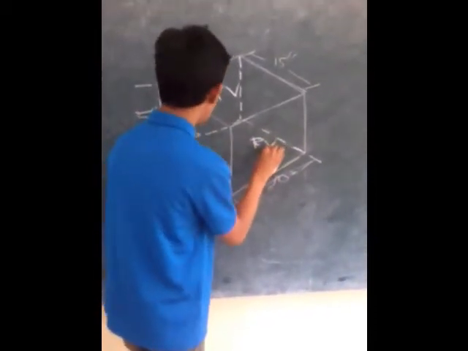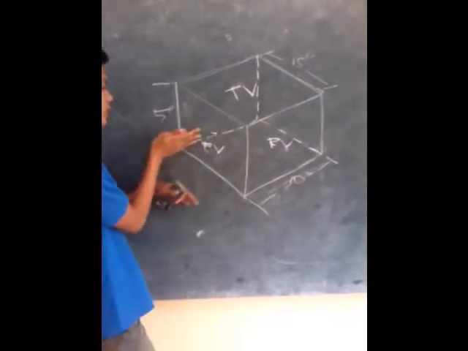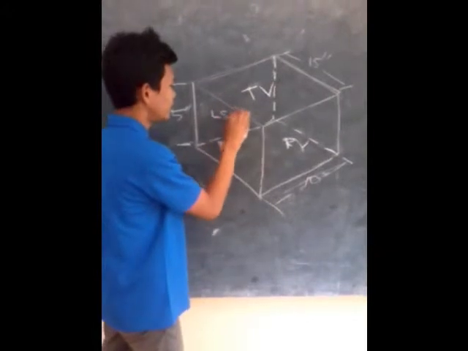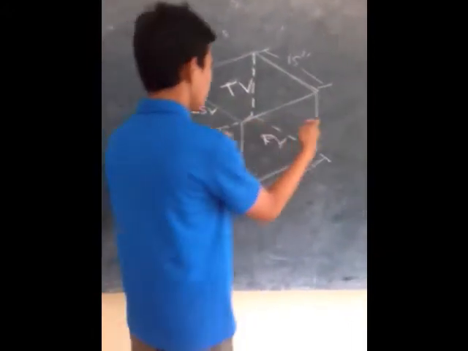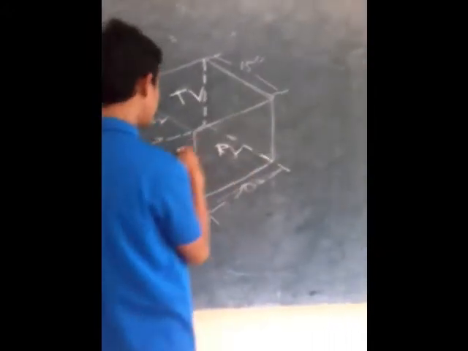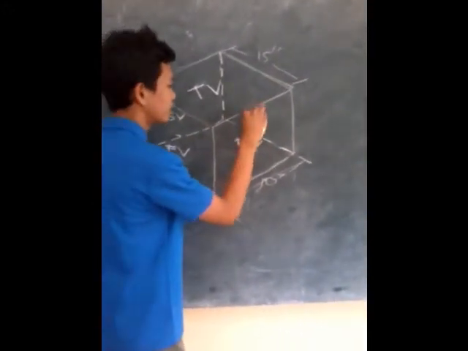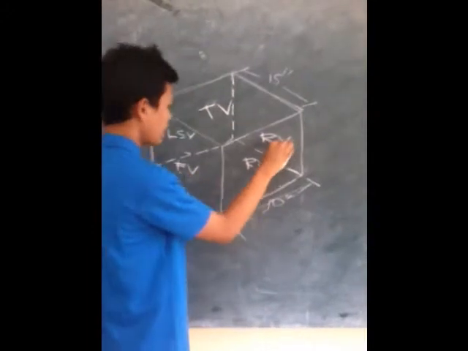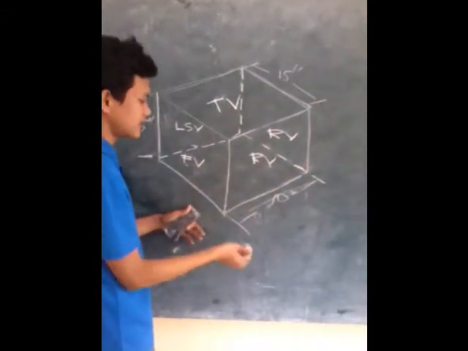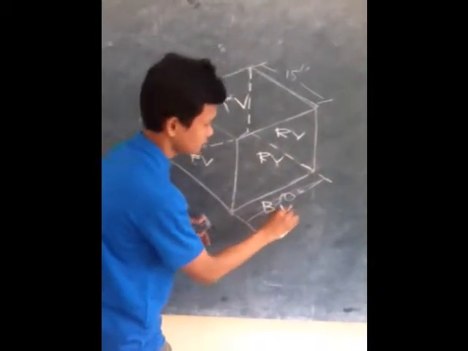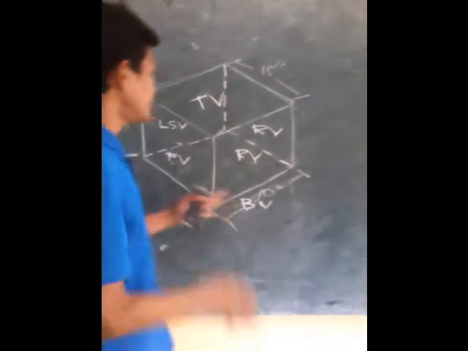And the rear view is at the front view. Behind this also is the rear view, RV. And the bottom one is the bottom view. So if we extract, this is the form of our cube. So let us say this is our front view.